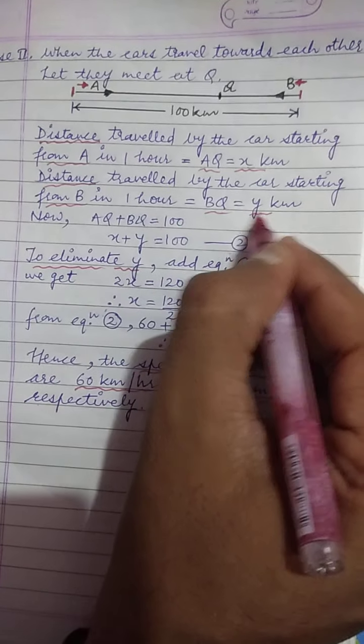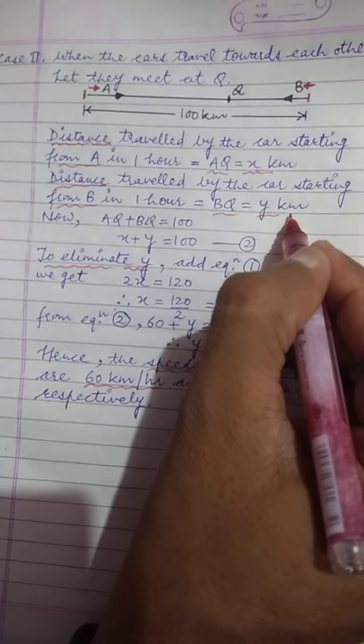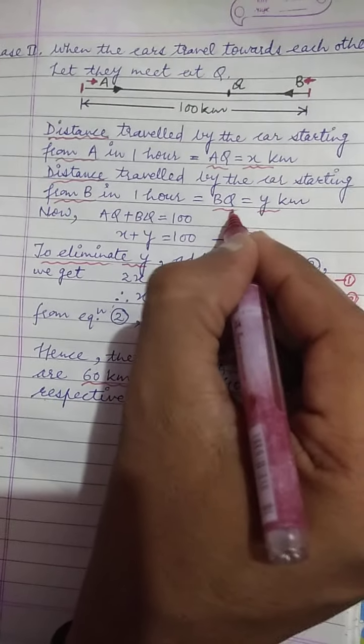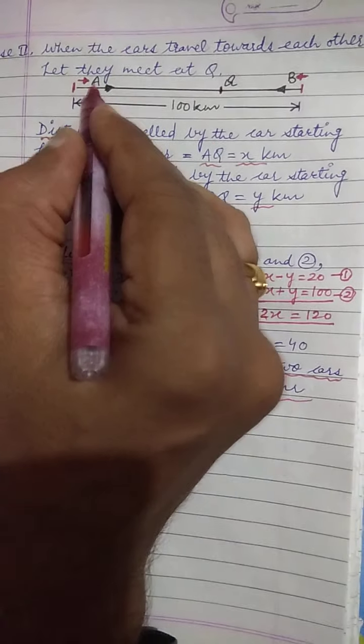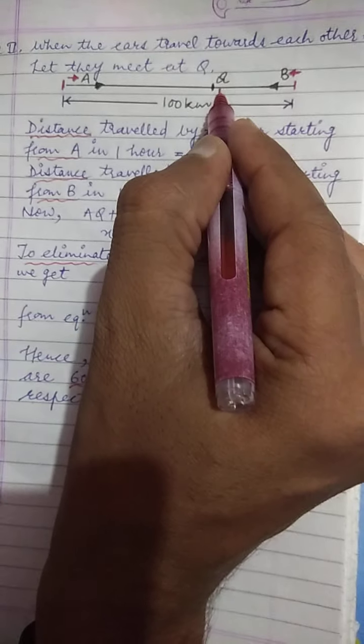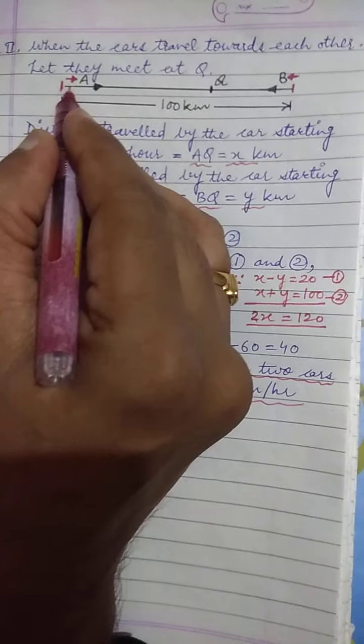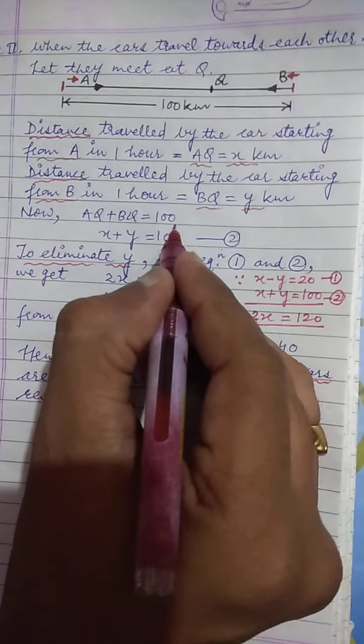So y multiplied by 1, we get y kilometer. Here we have distance AQ as x kilometer and BQ as y kilometer. Now AQ plus BQ is your 100 kilometer, as the distance between A and B is 100. That's why we add AQ and BQ, which will be 100.